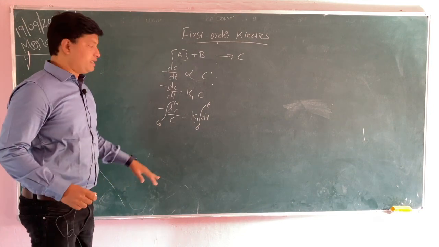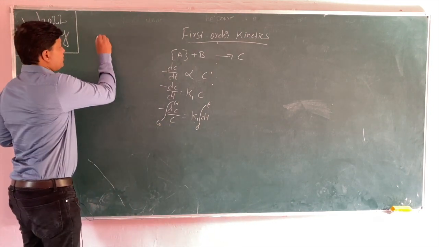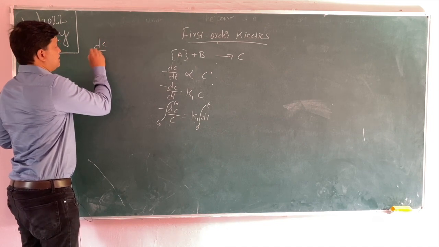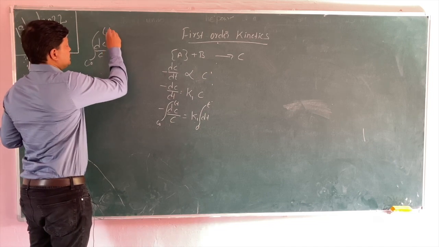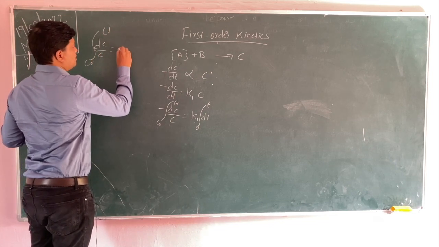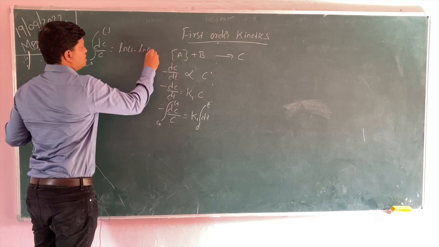If you integrate dC by C from C0 to Ct, the result is natural log Ct minus natural log C0.